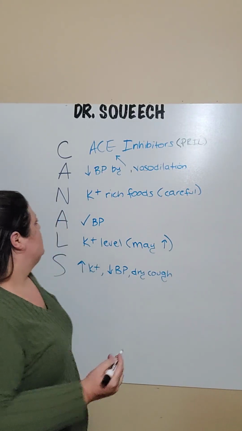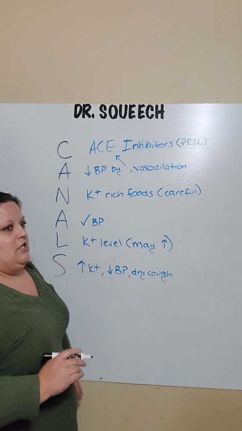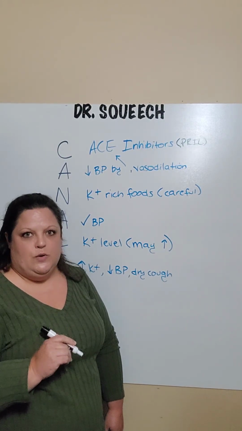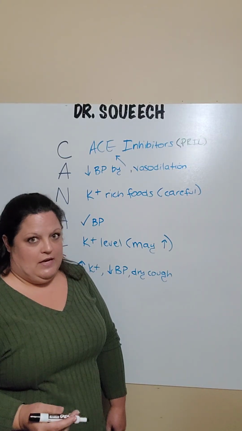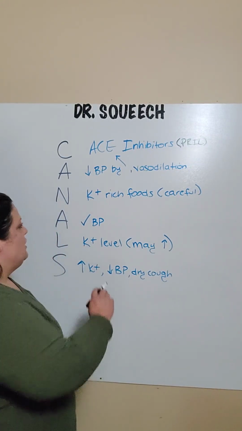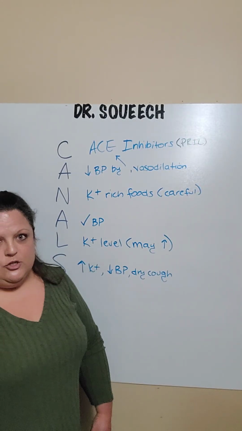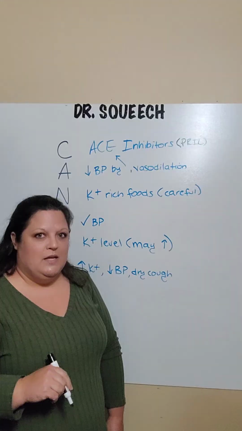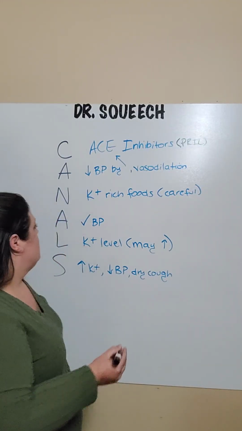With administration or antidote, administration-wise, if you know something is going to impact a vital sign, check that vital sign. If you know something is going to lower the blood pressure, the first thing you need to do is check that patient's blood pressure, because we never want to give a patient a medication that's going to harm them while trying to help them.